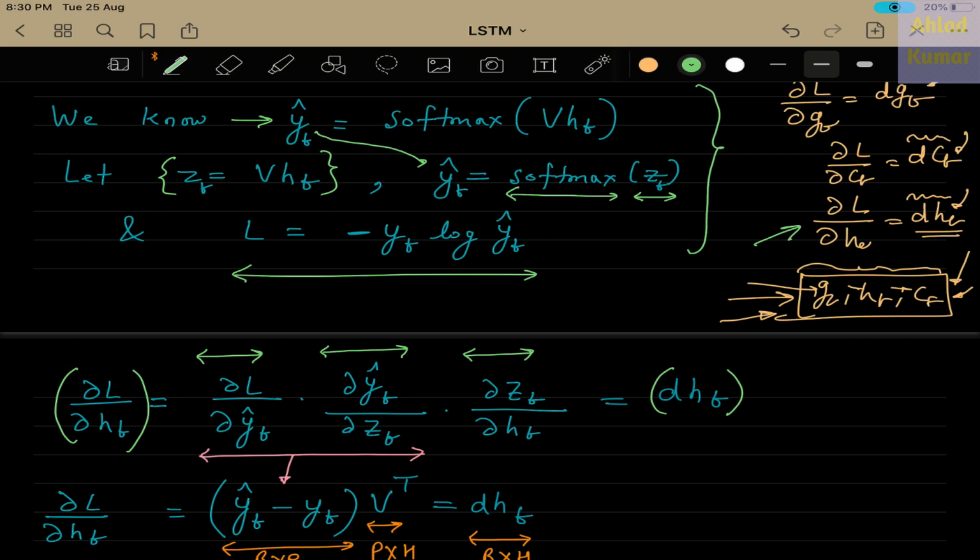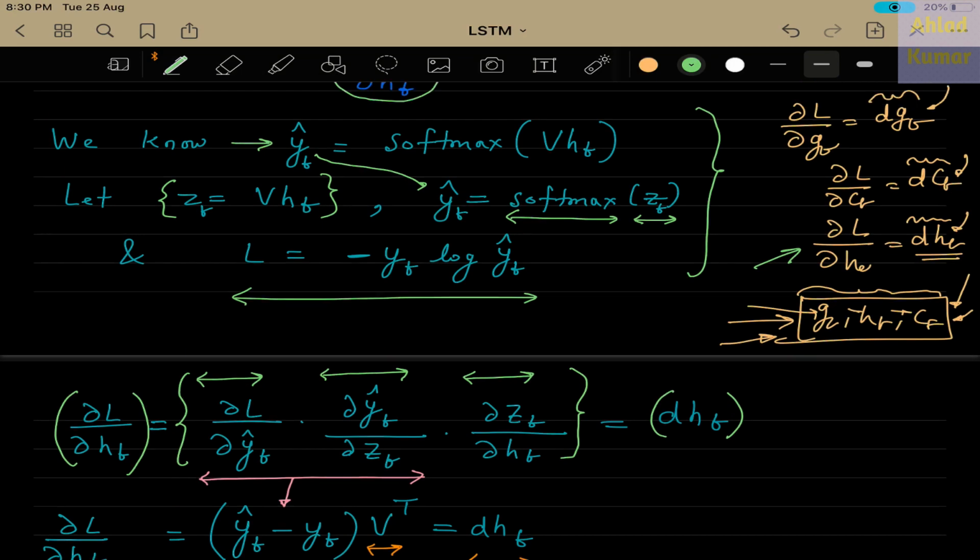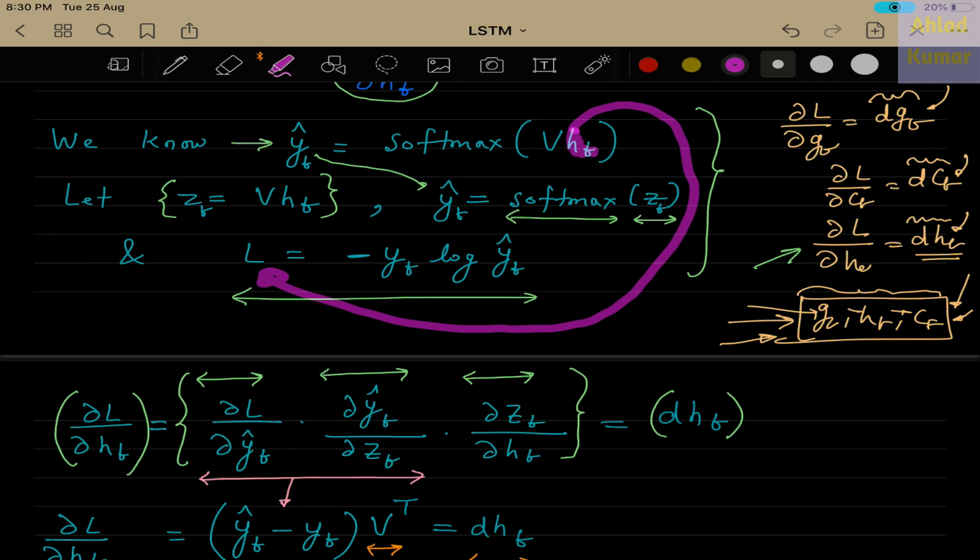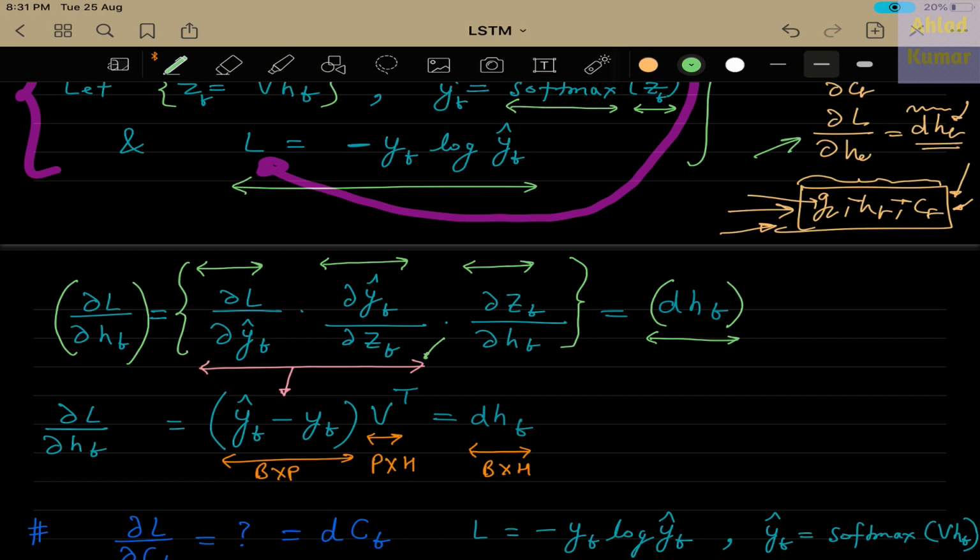This chain rule has to be followed because HT is indirectly related to y t, and to the loss, through all these equations. This expression is given as y hat t minus yt times V transpose. For this expression, you can consult my earlier lecture on recurrent neural networks.